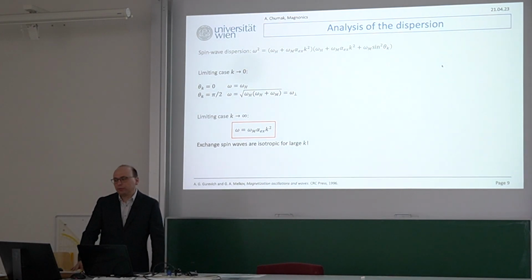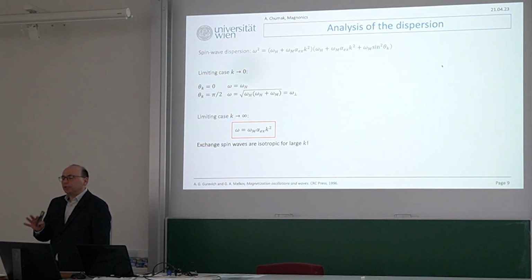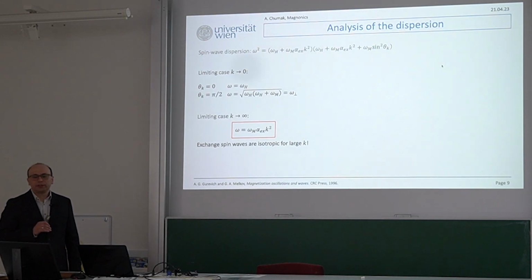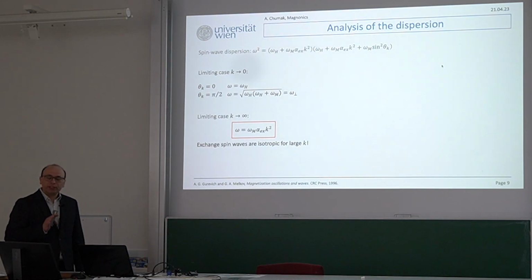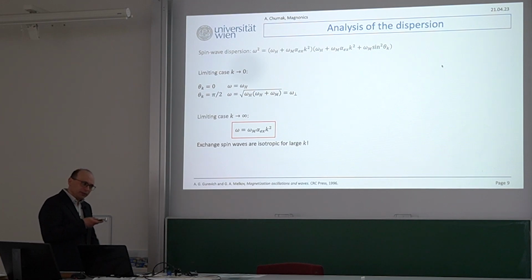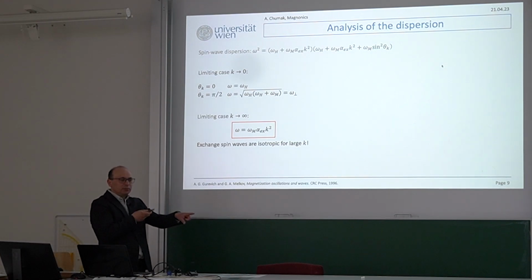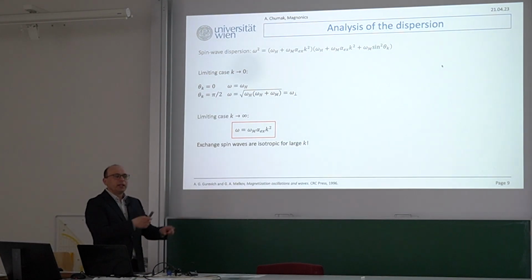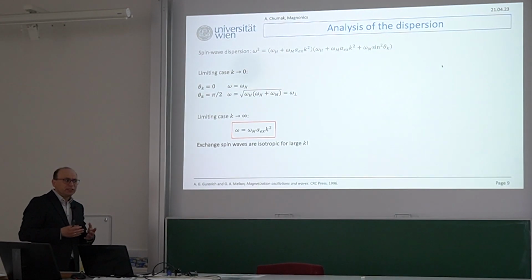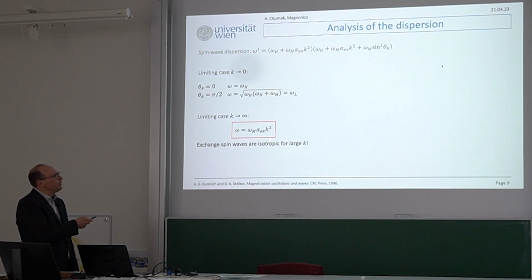That's why the majority of people who studied spin waves in a basic solid state course say that exchange spin waves are isotropic. So it means that we have magnetization, and it doesn't matter in which direction the wave propagates. This is correct. That's exactly what you see here.